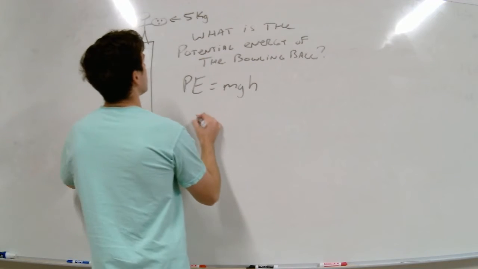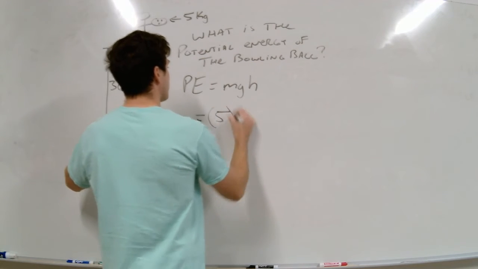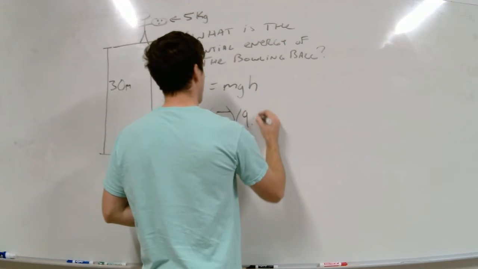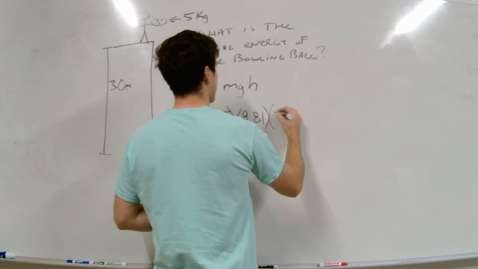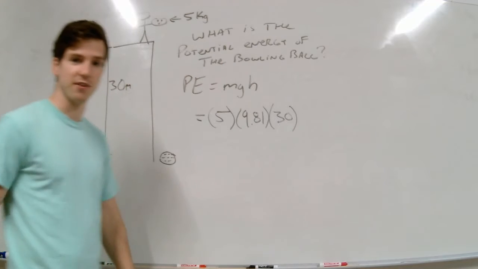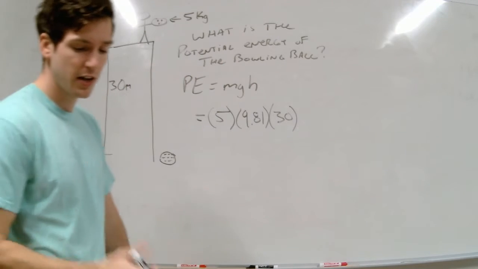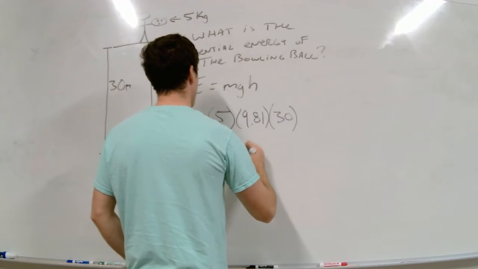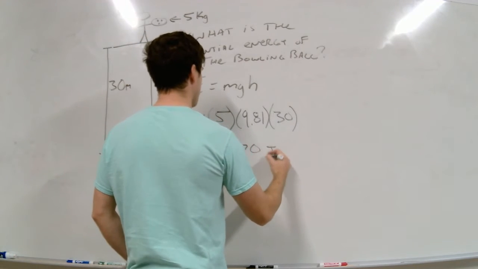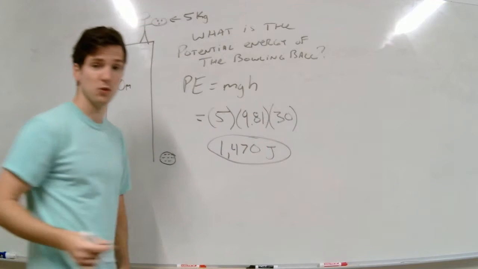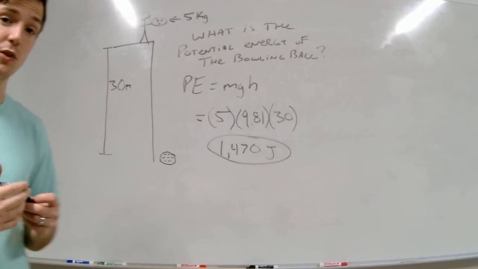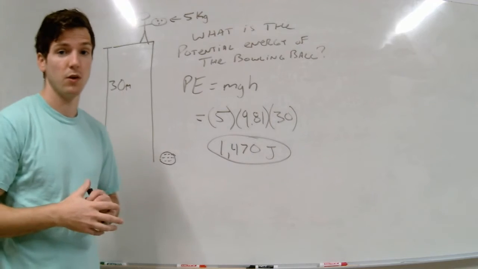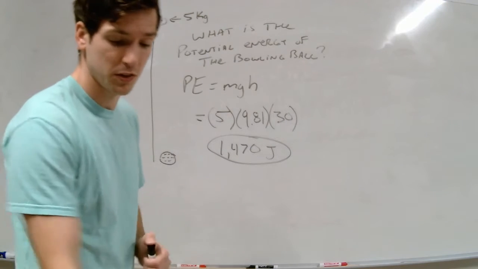So mass is 5 kilograms, so we'll put a 5 in there for mass. Remember that G is 9.81. And remember that height is 30. So pretty simple calculation here. We just plug and chug, and we get something like 1,470 joules, right? Joules. Unit for energy. Remember, there are 4.184 joules in a calorie.